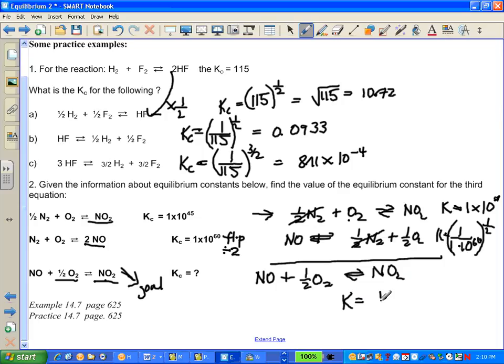So it's going to be 1 times 10 to the 45 times 1 over 1 times 10 to the 60, to the 1/2.